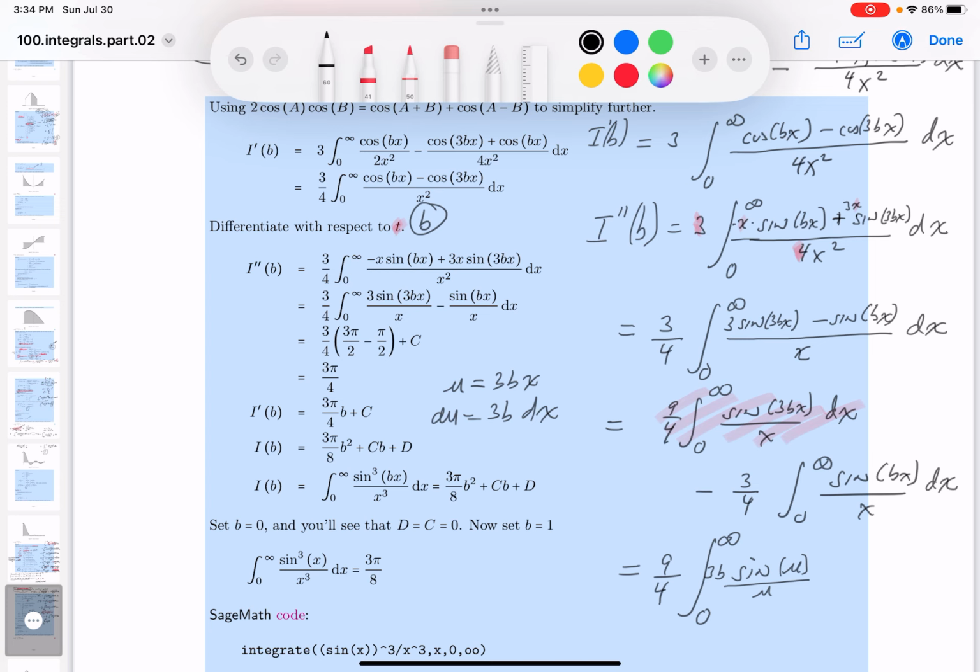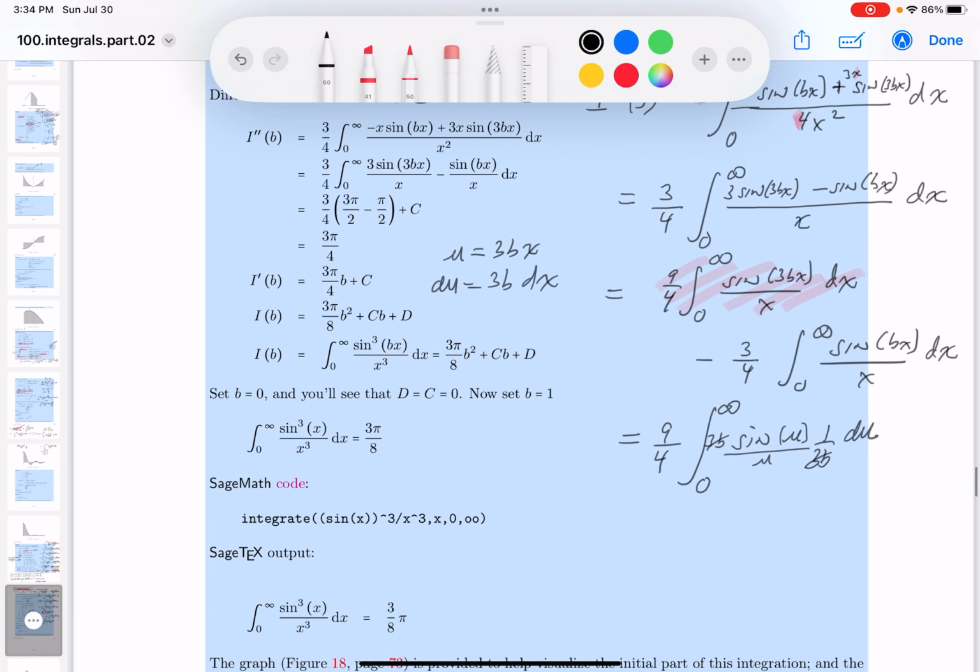It's 1 over 3b du. So these are going to cancel off. Do I recognize that guy? I do. All right, let's write that down. So it's going to be 9/4. Oh, you know what? Before I recognize them, I want to do the next one. Let's say we're done with this.